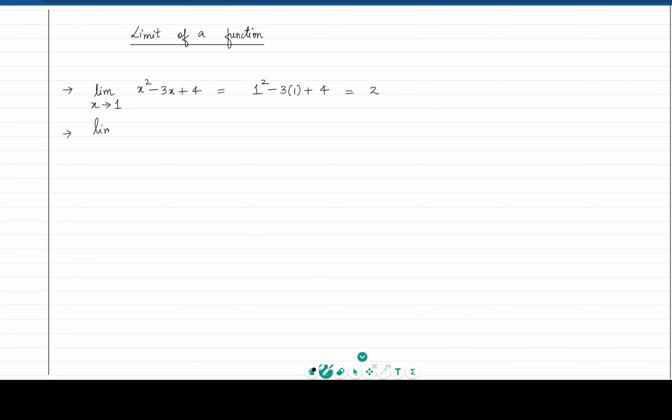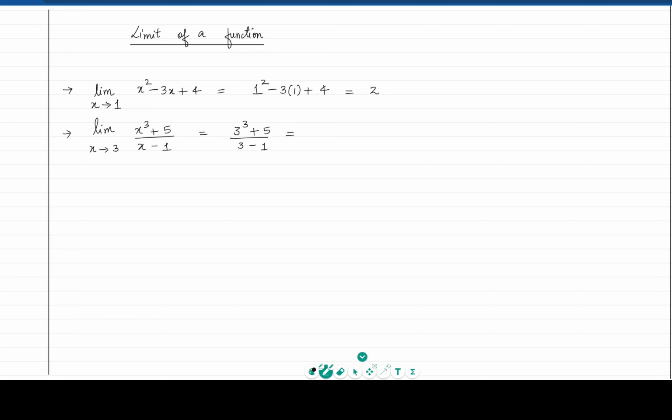Limit of x cube plus 5 whole divided by x minus 1 as x is approaching 3. Here again we will try to substitute x as 3. We will get 3 cube plus 5 divided by 3 minus 1.